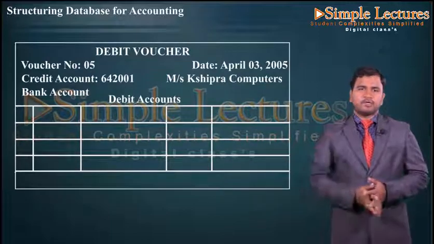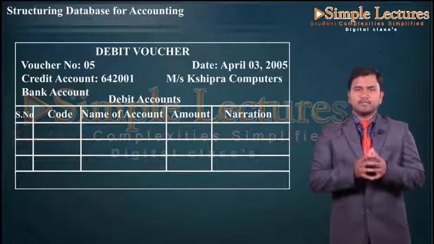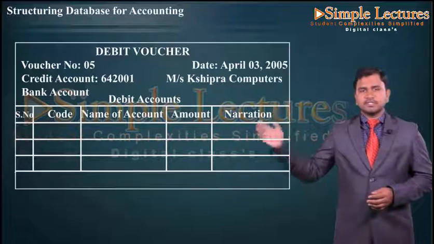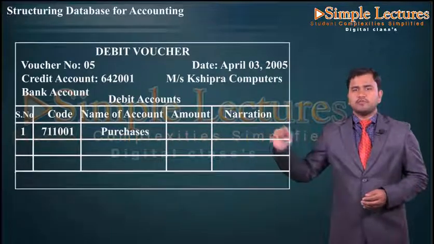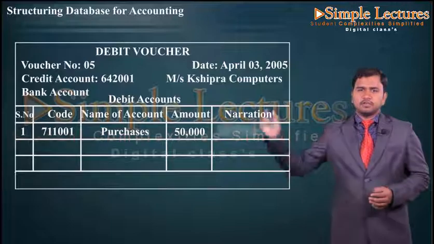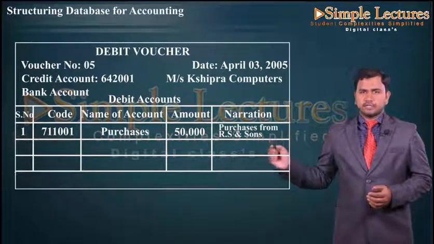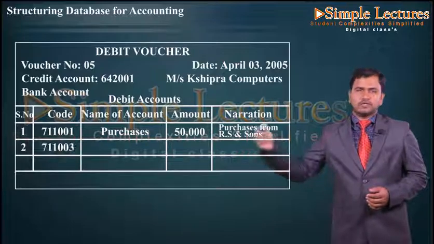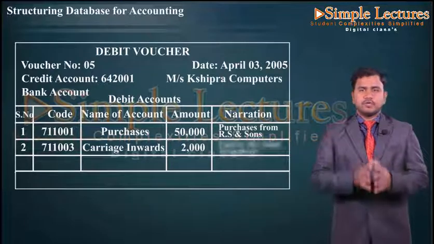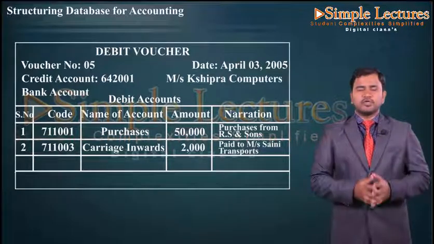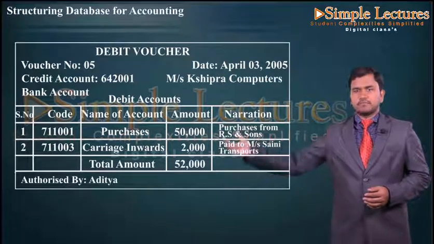For the debit accounts, we record the serial number, code, name of account, amount, and narration. In serial number 1 we write the code for purchases, amount 50,000, narration: purchase from RS and Sons. Next is serial number 2, with the code, carriage in words 2000, narration: paid to Sina Transports. Then we show the total amount, which is 52,000, authorized by Aditya and prepared by Smith.